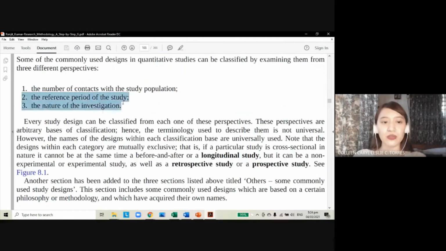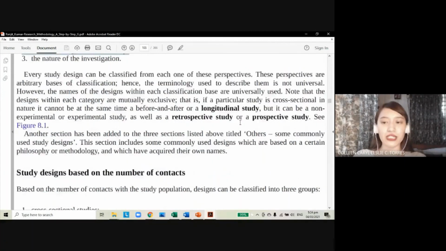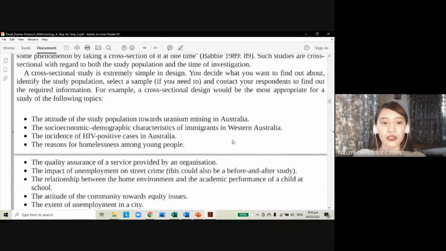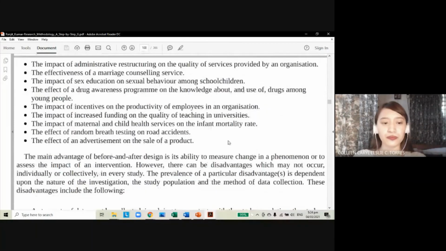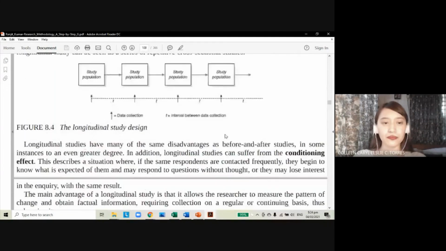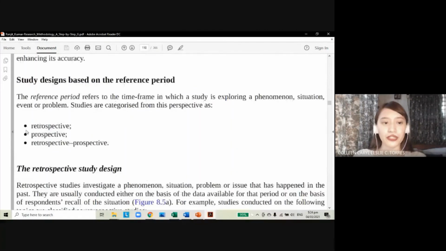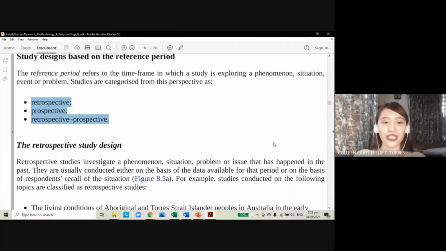Under the second one, we have reference period of the study. These include retrospective, prospective, and retrospective-prospective. Retrospective is past data. Prospective is looking towards future occurrences. And then retrospective-prospective pertains to using past data to predict possible future occurrences.